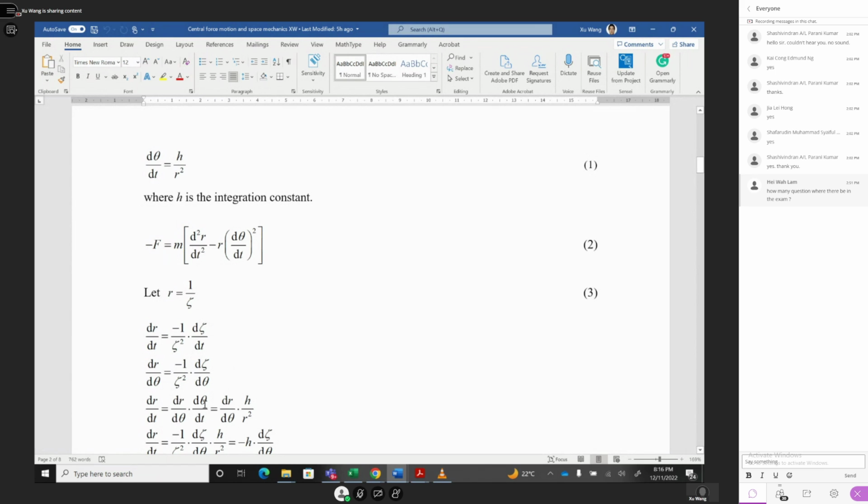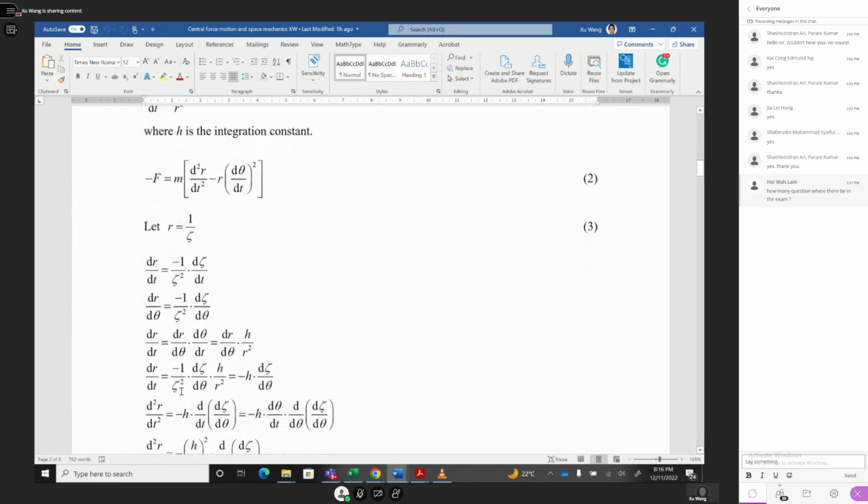So this one, keep this. This is h divided by r squared. So then we get dr/dt should be equal to dr/dθ times h over r squared, and this dθ/dr equal to this one.